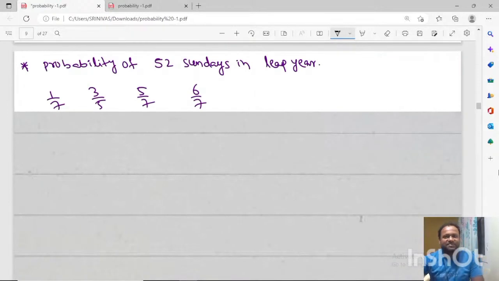See this. The probability of 52 Sundays in a leap year. This is the question.